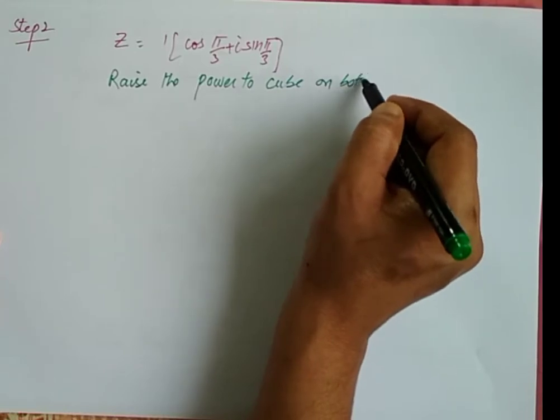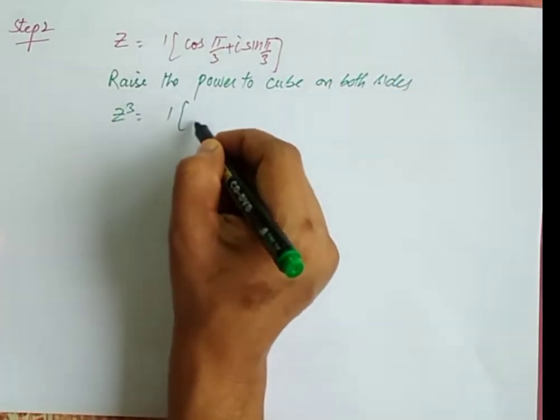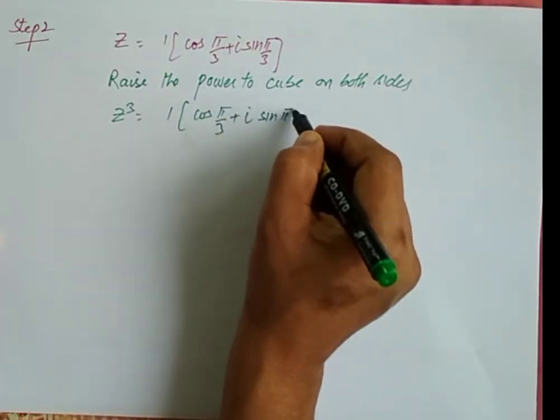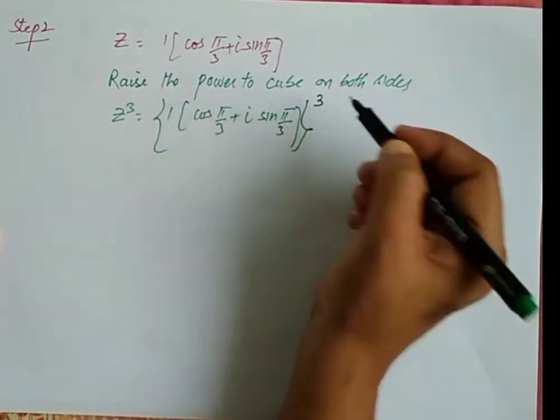So z cube is equal to 1 times cos of pi by 3 plus i sin of pi by 3, entire in brackets, raised to cube.